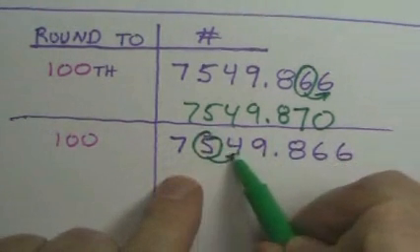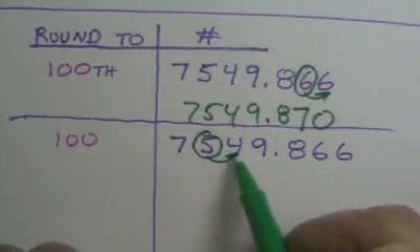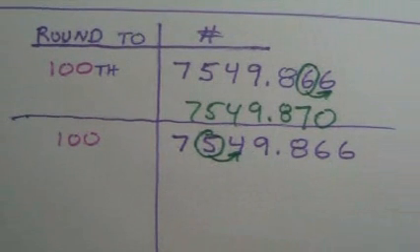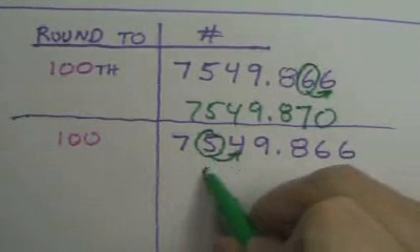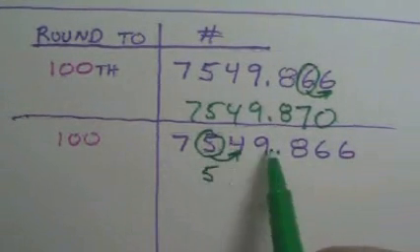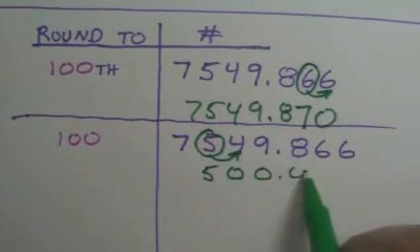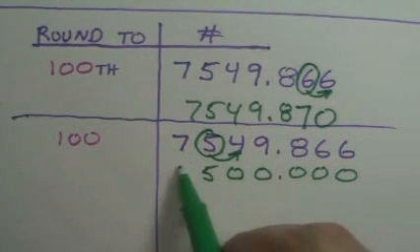Look to the right. If it's 5 or more, let it soar. No. 4 or less, let it rest. Yes. So we let this rest. It's a 5. It stays the same. Now the right side, right numbers change to zeros. And the left numbers bring down.